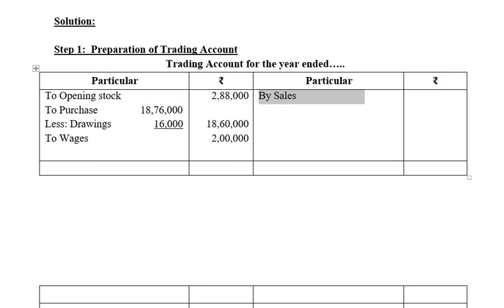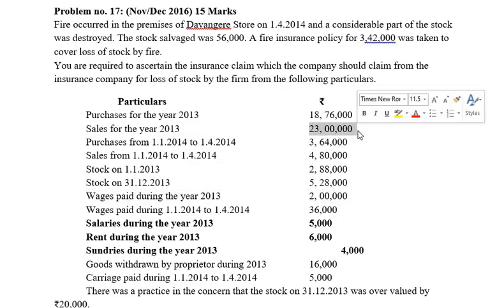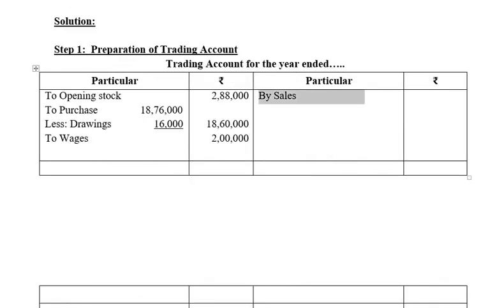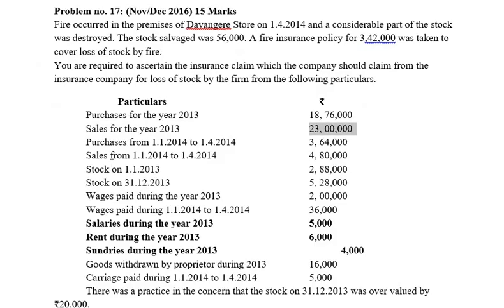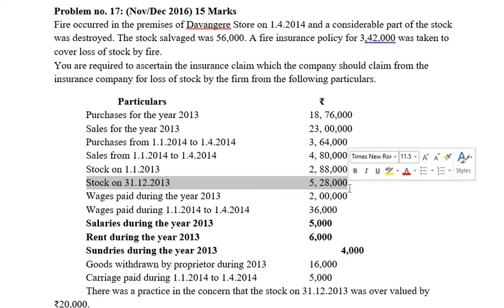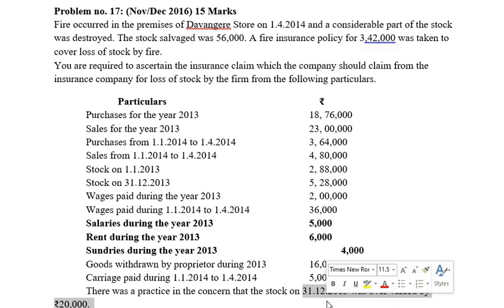Next, sales. How much are the sales given in the problem? 23 lakh rupees of sales is given. So consider the sales as 23 lakhs. Next, the closing stock in the inner column. The closing stock on 31st December 2013 is 5,28,000 rupees, to be considered in the inner column. The reason is that the closing stock was overvalued.